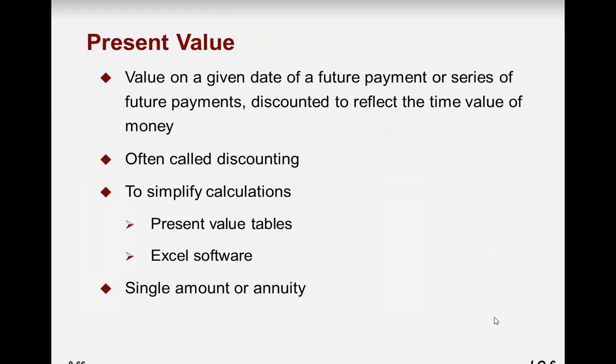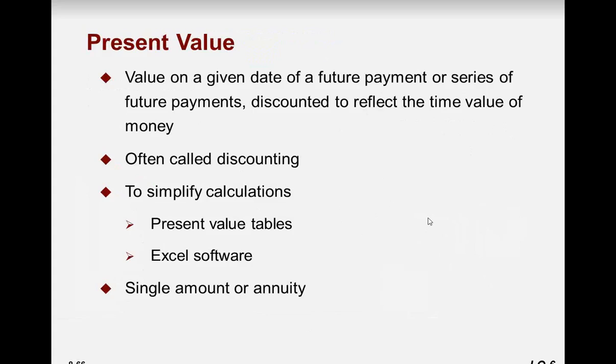I could calculate how much I would have to put in out of my tax refund this year so that in 5 years from today I'd have enough to buy that house. It's the value on a given date of a future payment or a series of future payments, discounted to reflect the time value of money. We often hear this called discounting. To simplify calculations, we can use either the present value tables or Excel software, and you can use it for either a single amount or an annuity.